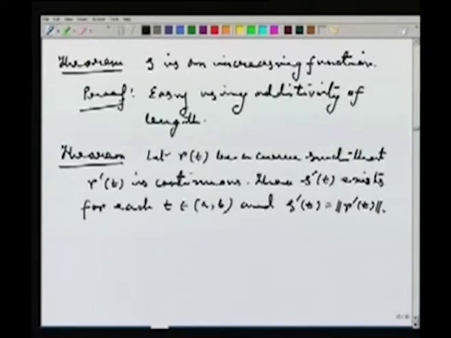Not only differentiable, I can explicitly calculate the derivative also in terms of r prime. Remember, r prime t means x prime t comma y prime t, that is the derivatives of the component functions. That new vector valued function is called r prime t.